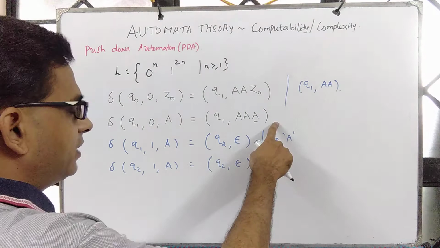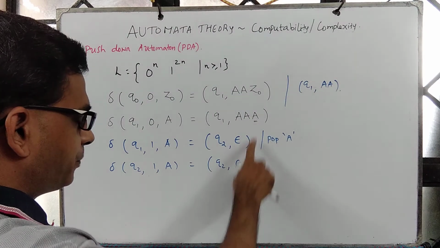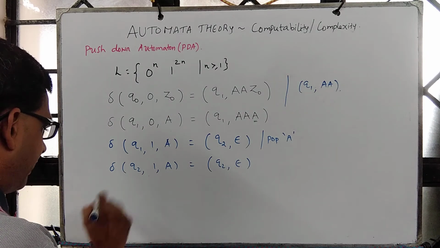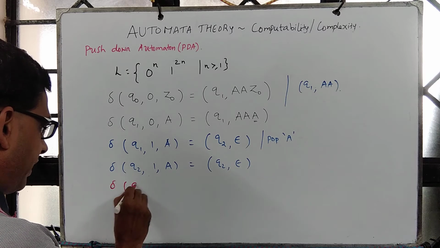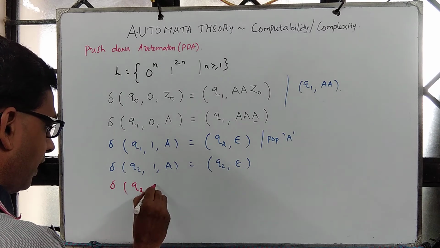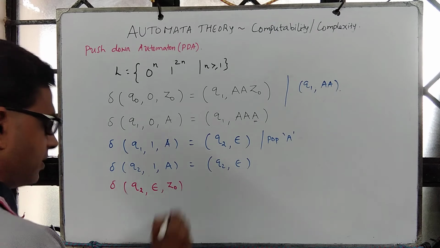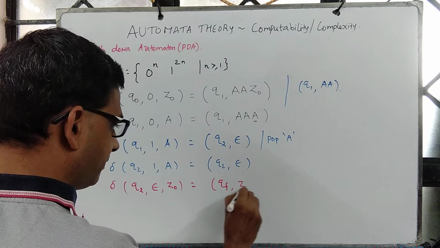Now at the end of this you will see 2n A's and this starts performing. Supposing it is a valid input, which means you will be at Q2 and input is exhausted, top symbol is Z0, then you say accept.